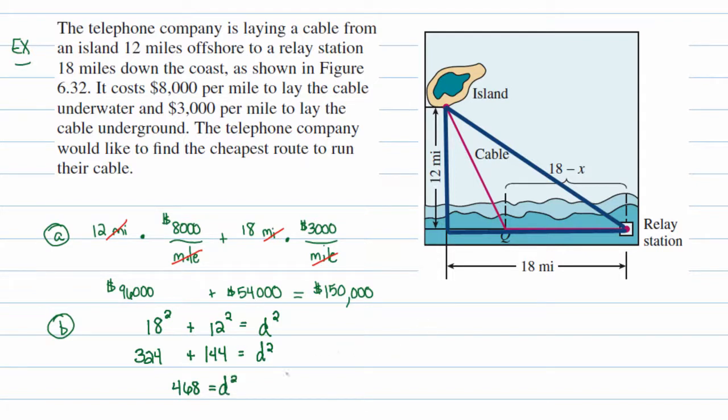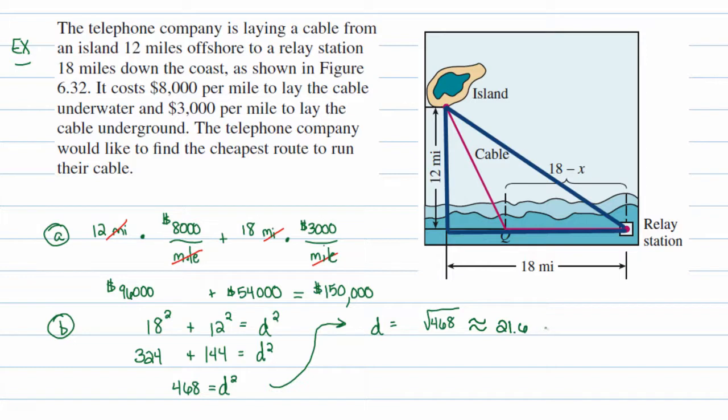So therefore that distance, if we were to do it underwater, would be equal to plus or minus the square root of 468. But again, distances are never negative, so you can always take that off when you're dealing with real problems. So the distance is roughly, in this case, if you take the square root of 468, 21 point, I'll say 0.6.